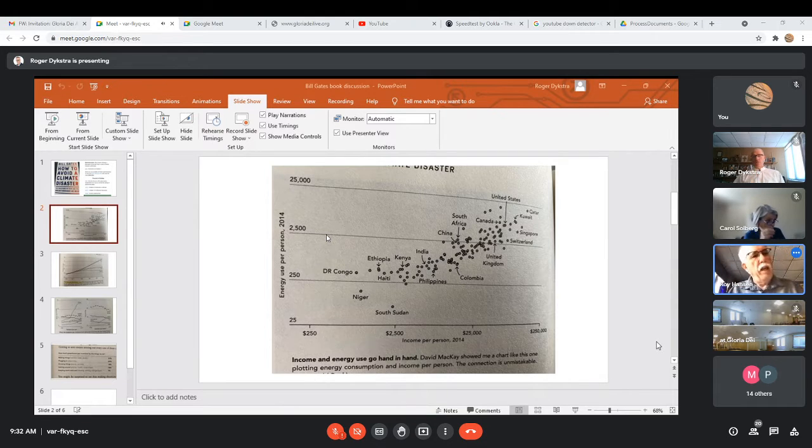And the connection between income and energy use is just incredible. When you think about poorer countries towards the bottom, and then up at the top, we're the ones that are using all this energy, and we're a significant contributor to all this. So anyway, that was something I just wanted to highlight, that chart.